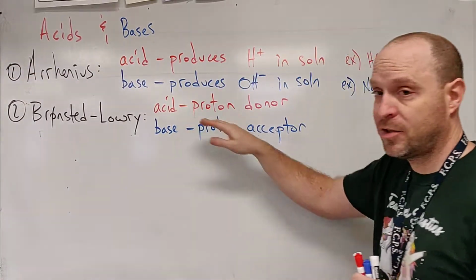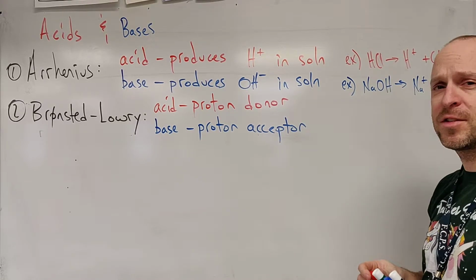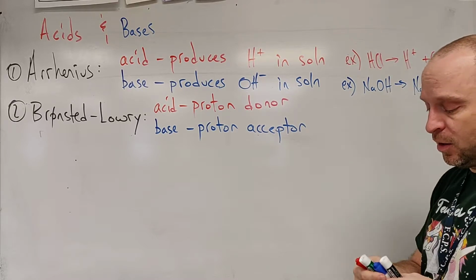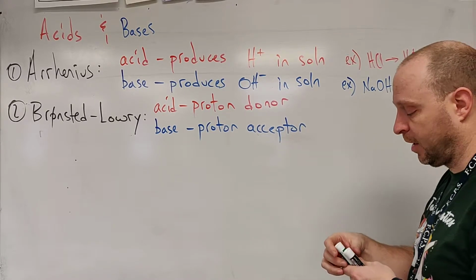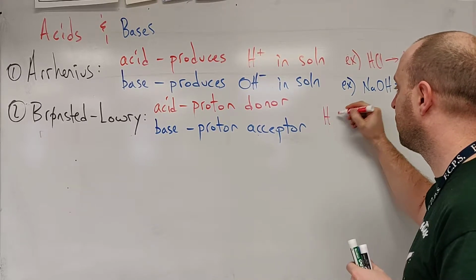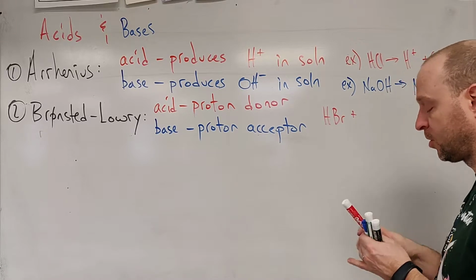So there is actually quite a bit of overlap here because this produces H+, and this is something that supplies a proton, and this is something that accepts a proton, like an OH-. So if we look at an example here, I can take something like HBr and maybe put that in some sodium hydroxide.